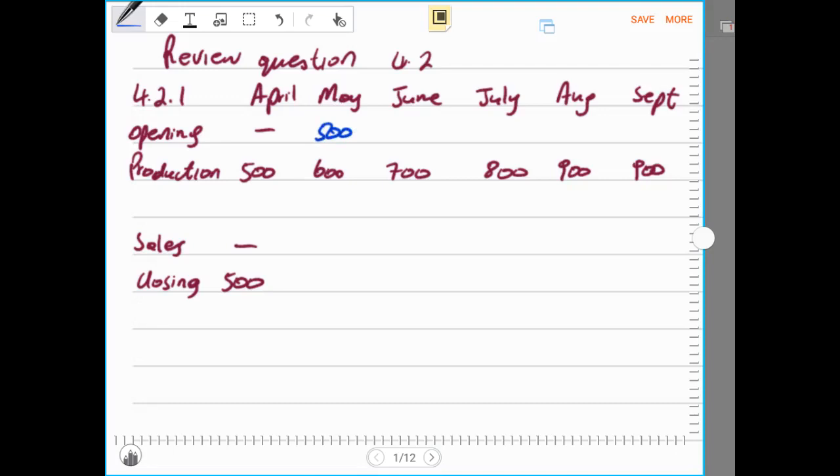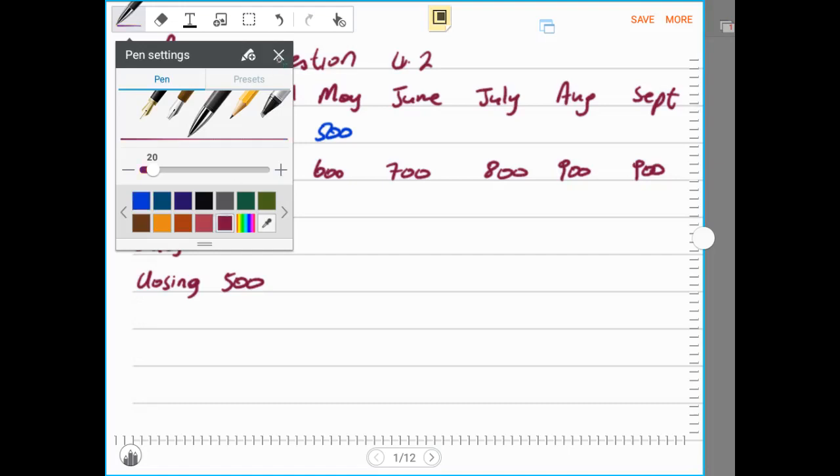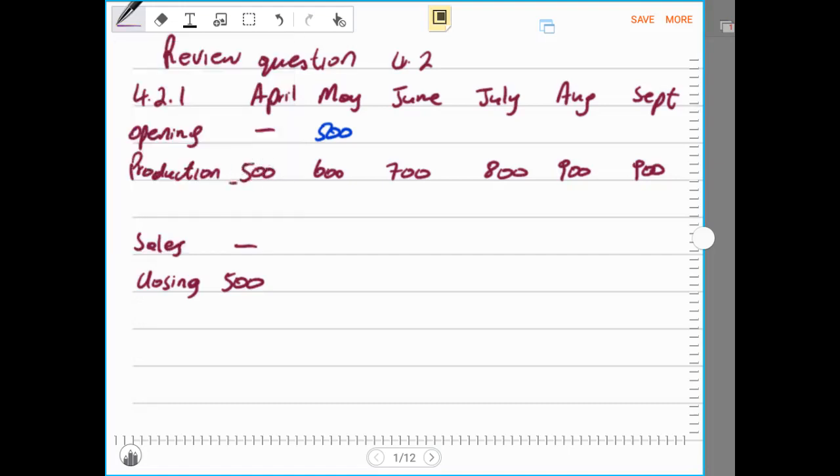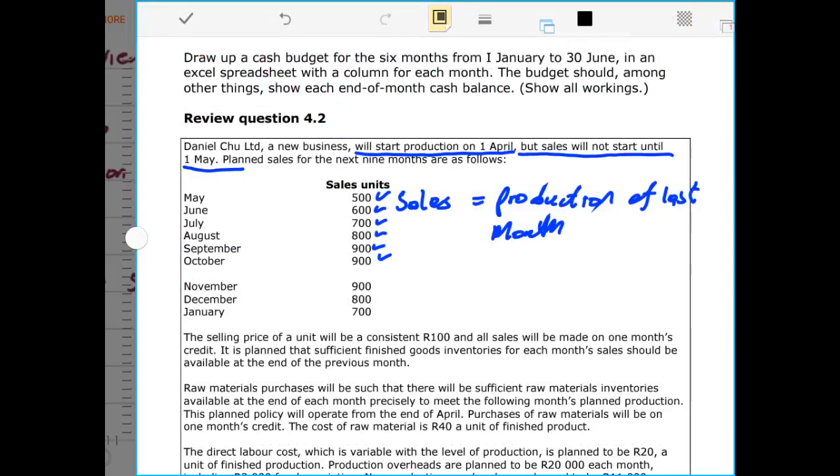Now we have the sales for the month of May. We already have the production recorded. Therefore we have to record the sales for each month. The sales are already given in the given information.